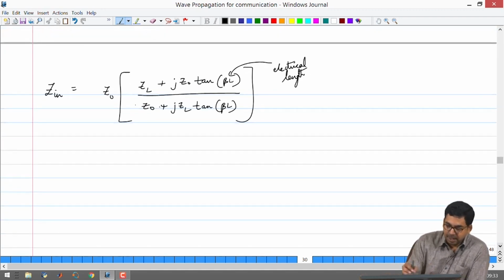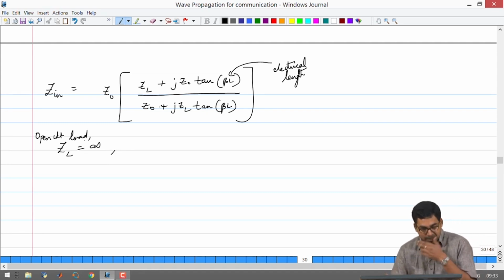We started our original derivations for the case when the load impedance is infinity, or open circuit. So, here we can do the same thing: ZL equal to infinity, the case we started with, the open circuit load.